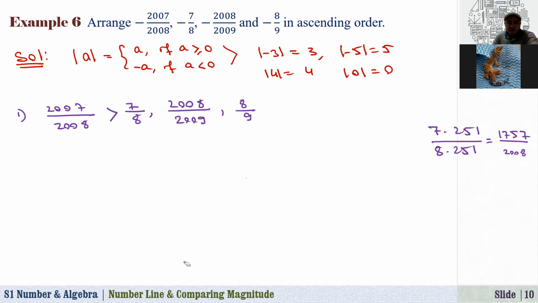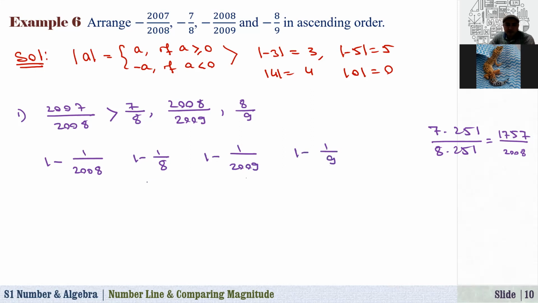Okay, so 2007 over 2008, let me just write it as 1 minus 1 over 2008. And this one is 1 minus 1 over 8. This one is 1 minus 1 over 2009. 8 over 9 is 1 minus 1 over 9.